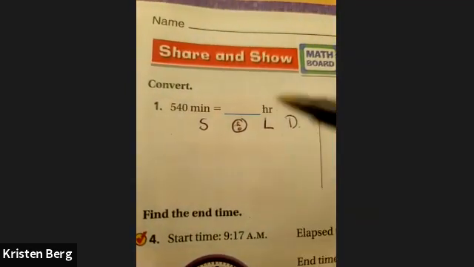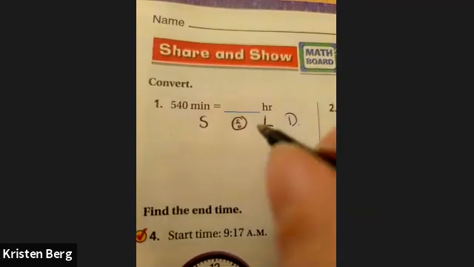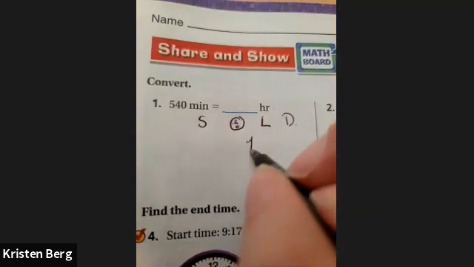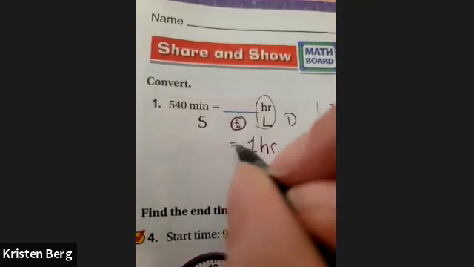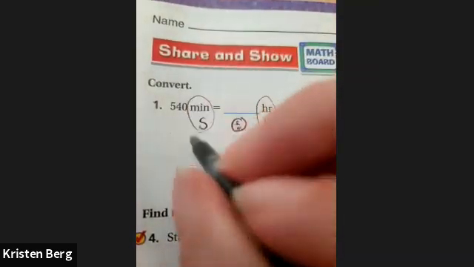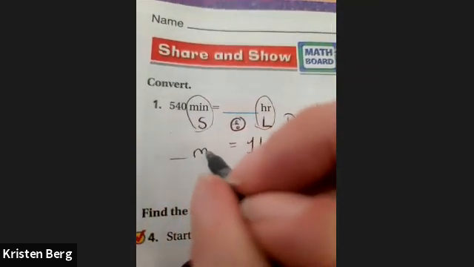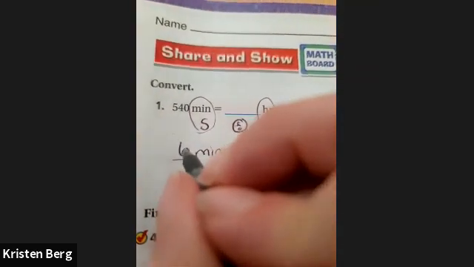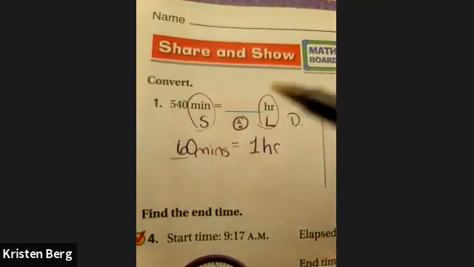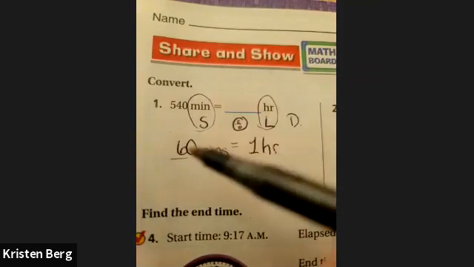All right, now, one of our large, which is an hour, equals how many of our small units, which is minutes. So how many minutes are in an hour? It is 60. So therefore, to solve this, I would do 540 divided by 60.